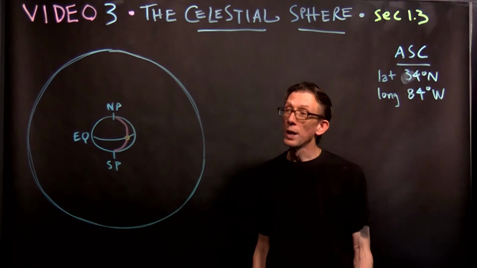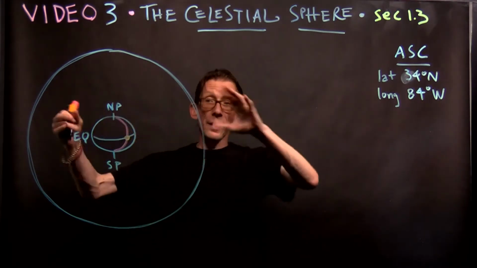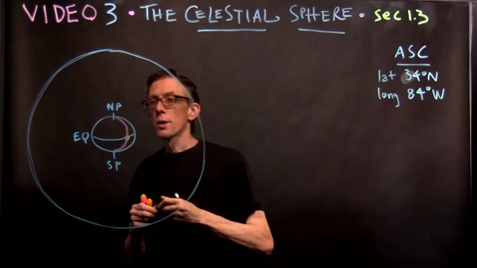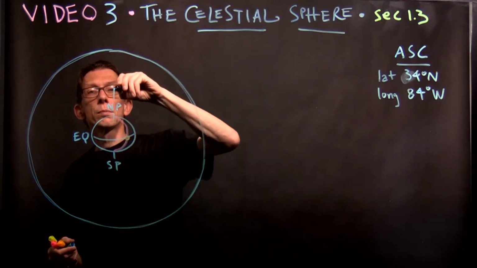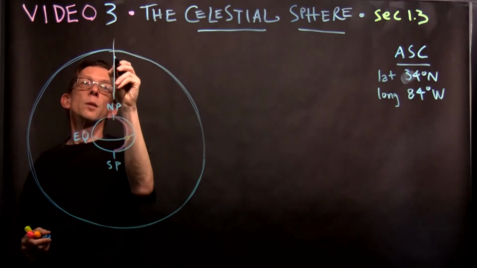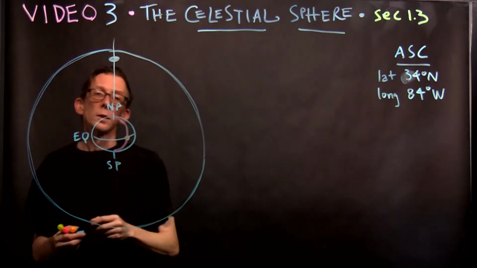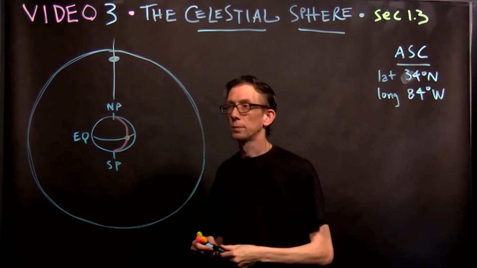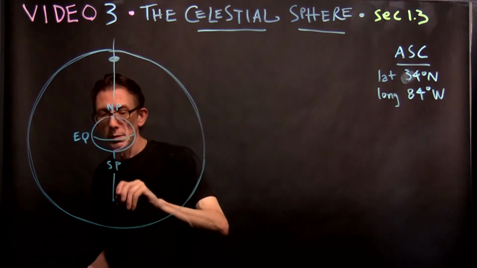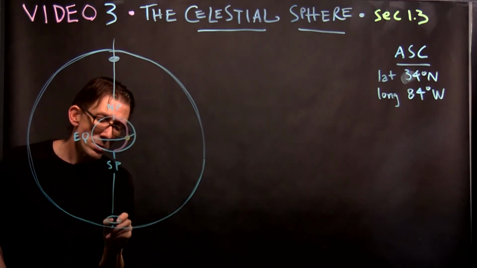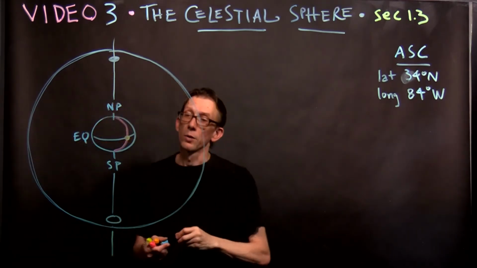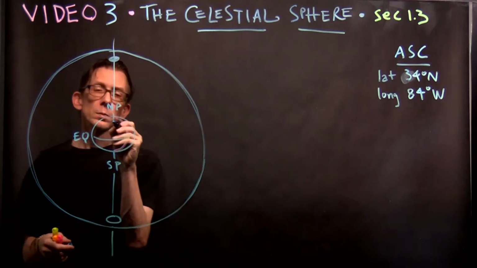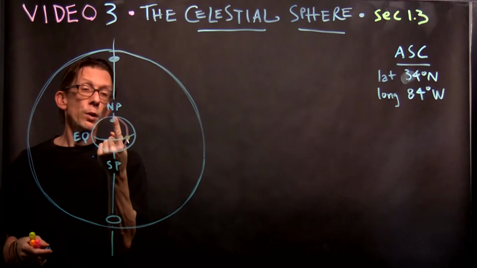Now what we can do is project these points and lines out onto the celestial sphere. So if we keep drawing this line up, there's a point up here where the line comes out of the celestial sphere, and down here there's a point that it goes through. So we've got the North Pole at the top of the Earth.